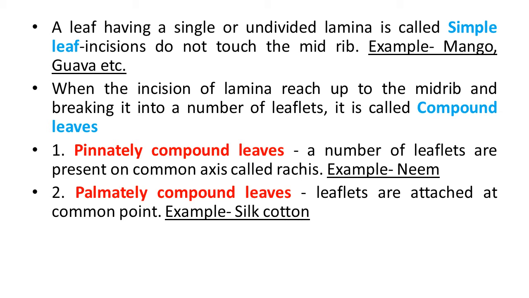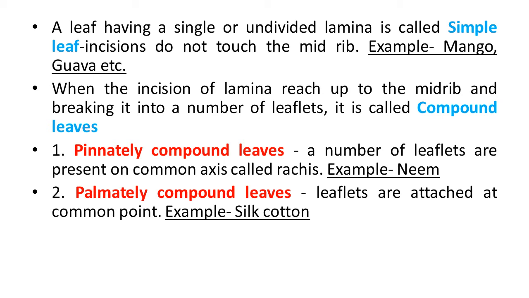So such a type of arrangement in which the leaf is observed is known as a simple leaf. Some examples: plants like mango and guava possess this type of leaf known as a simple leaf.